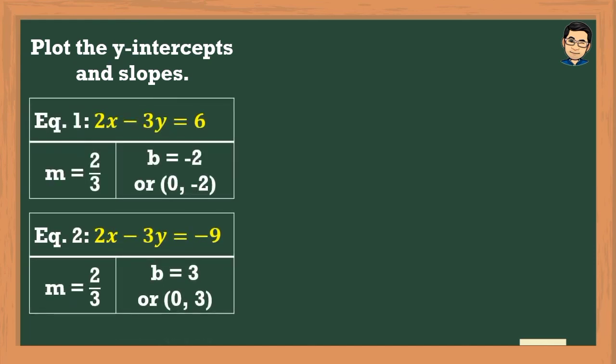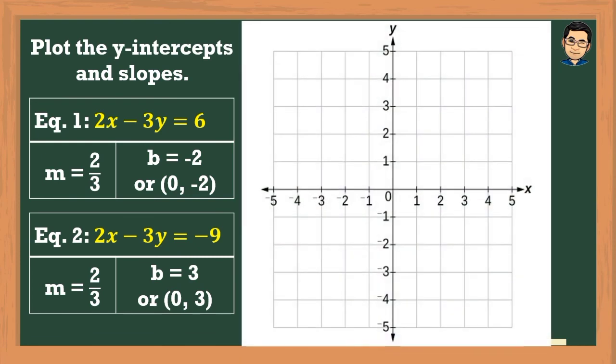So, let's plot the y-intercepts and slopes. Ayan. Again, magkapareho po yung slopes, but the y-intercepts are not equal. So, plot natin yung unang equation. So, yung y-intercept, 0, -2. Ayan. And then, from that y-intercept, makukuha natin yung next point gamit yung slope, which is 2/3. So, positive po yun.